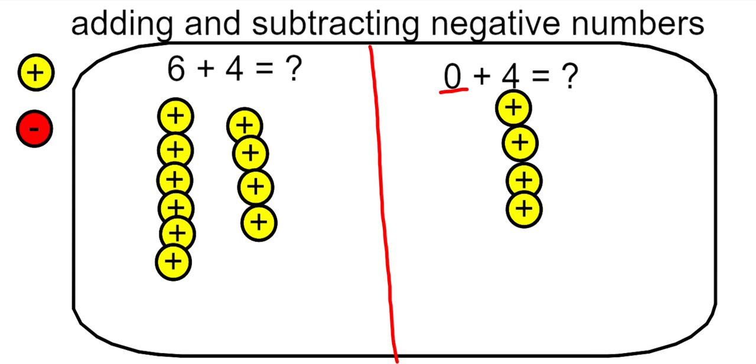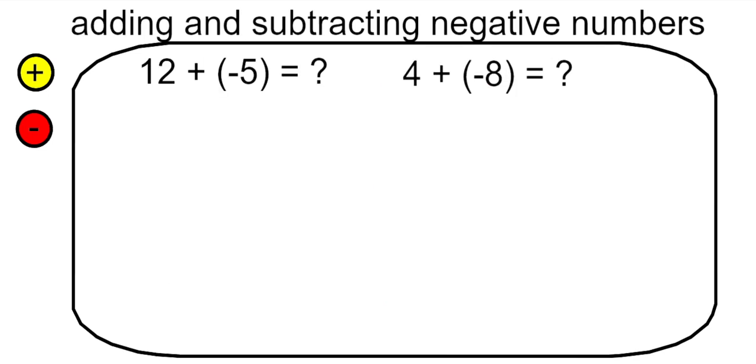Now, I want to explain why I'm bringing negatives into this. When we deal with negative numbers, I'm going to take my initial number that I am starting with. In this particular case, it is 12. And that 12 is positive because it's not a negative sign. So we are going to start with 12 positives.